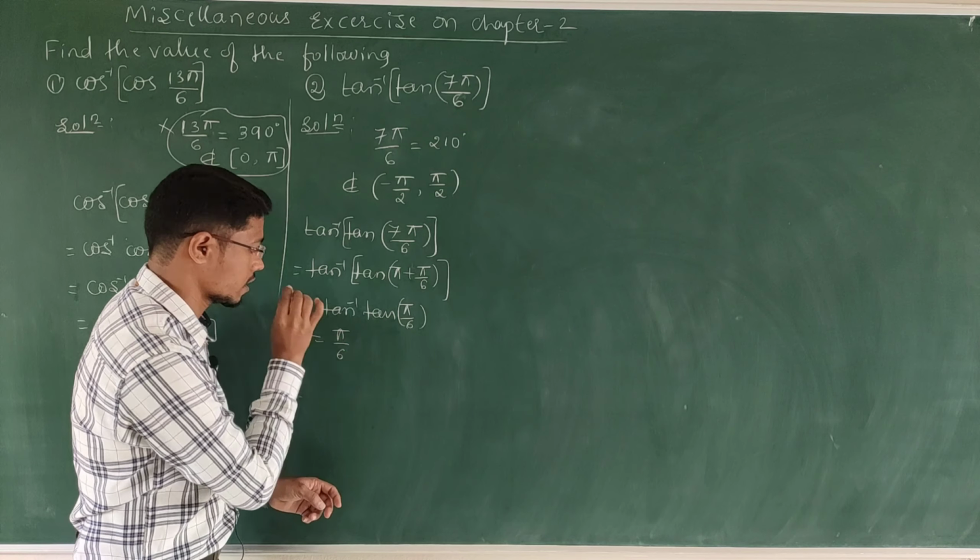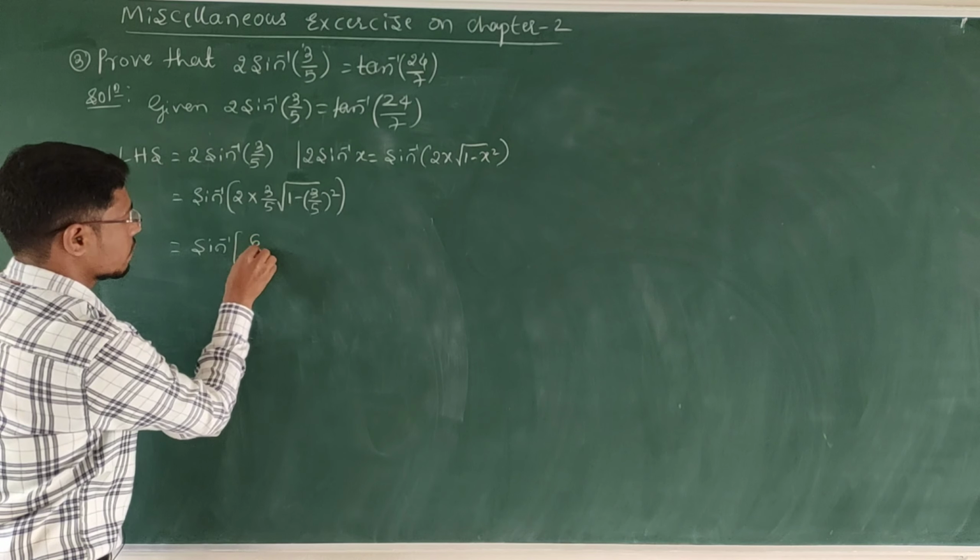So with x as 3 by 5, it is sine inverse of 2 into 3 by 5 into root of 1 minus 3 by 5 square.